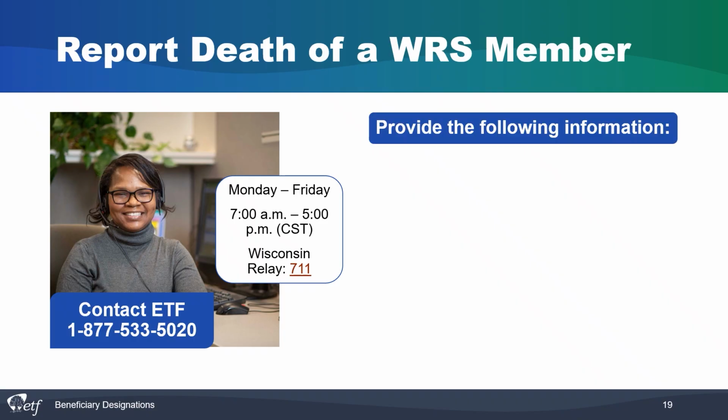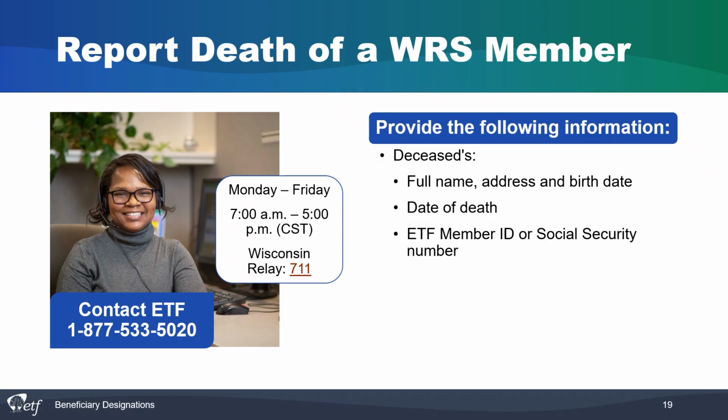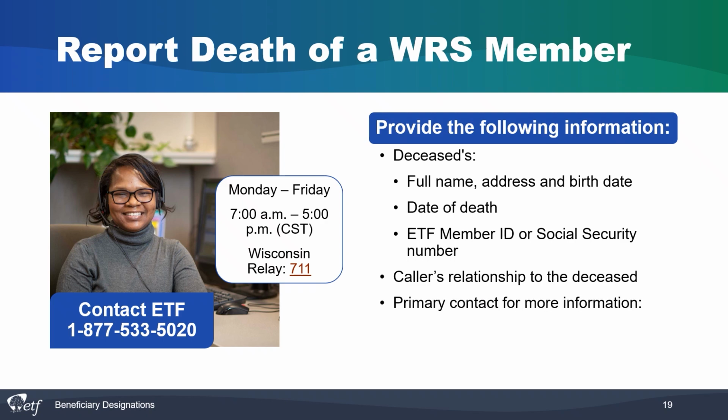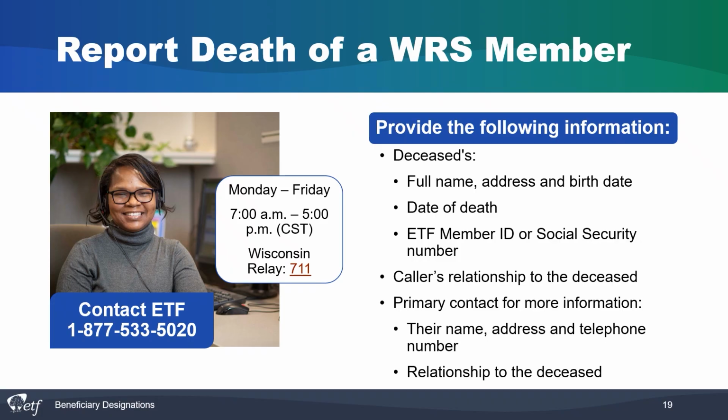The following information must be provided to the benefits specialist: the deceased's full name, address, and birth date, date of death, and ETF member ID or Social Security number, the caller's relationship to the deceased, and the primary contact for more information. Please include their name, address, and telephone number, and relationship to the deceased.